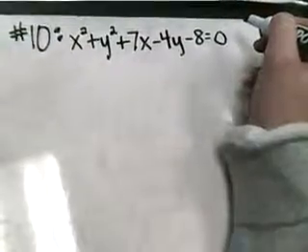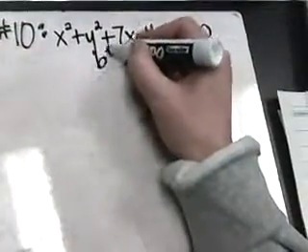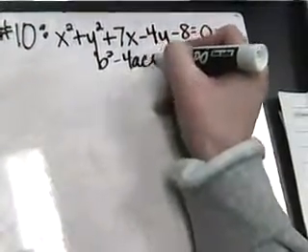Number 10 gives me x squared plus y squared plus 7x minus 4y minus 8 equals 0. I've got to classify it first, so I've got to do b squared minus 4ac.